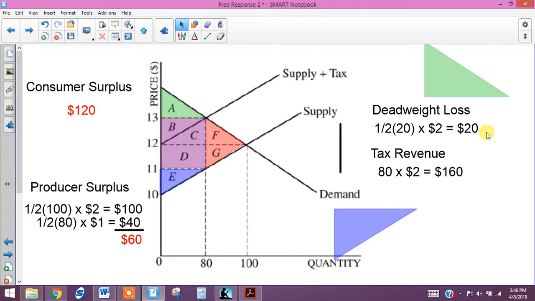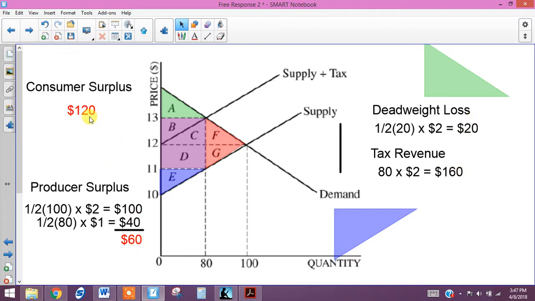Theoretically, since we have a loss of 20 and a tax revenue of 160 coming out of our original combined consumer and producer surplus, and we know that we lost $60 in producer surplus, we can theoretically say that this is 180 minus 60.